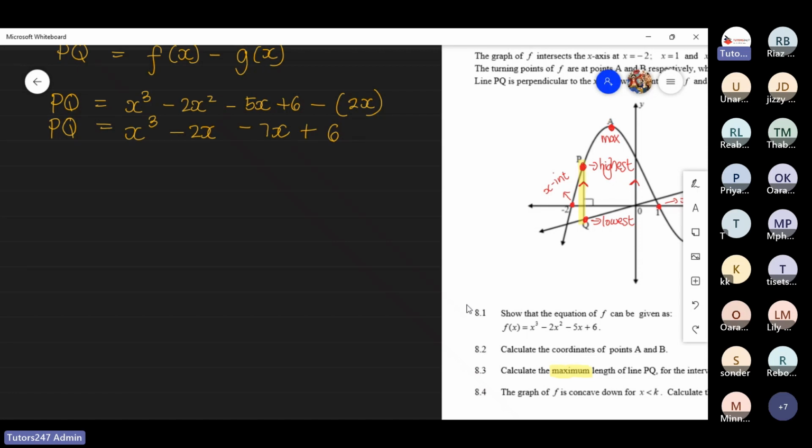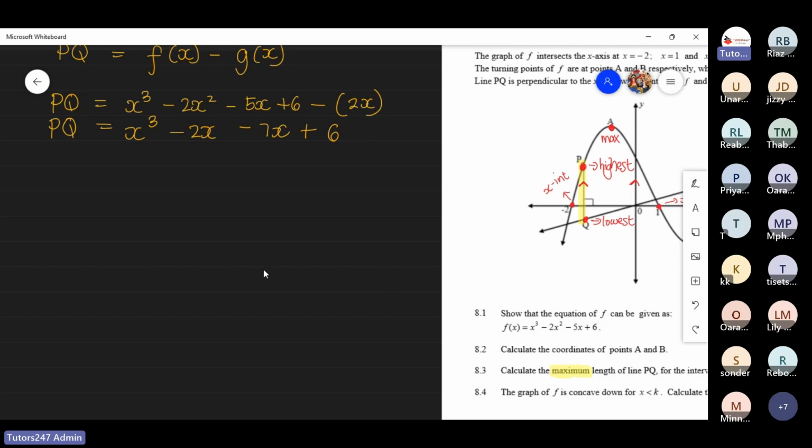It doesn't matter what type of function is used to represent it. At the end of the day, you need to understand if you substitute the x value, you get the length PQ, okay? The only reason that it is in a cubic form function is because we used the top, which is a cubic, minus the bottom, which is a linear. That is it.